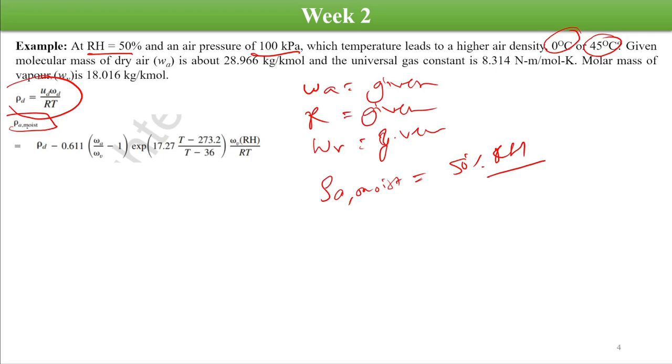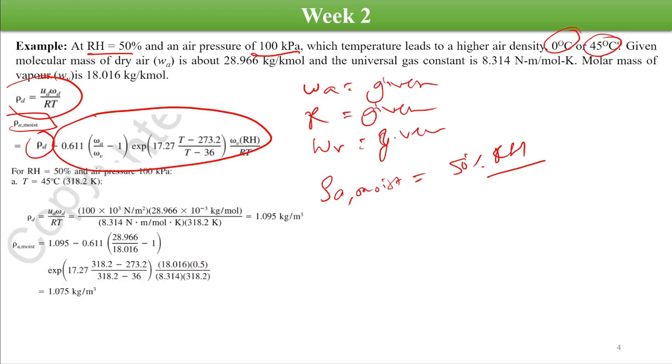Then the formula for the moist state is the dry density of the air minus this term. So first we'll calculate the density at dry condition.